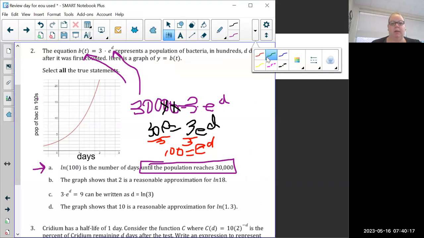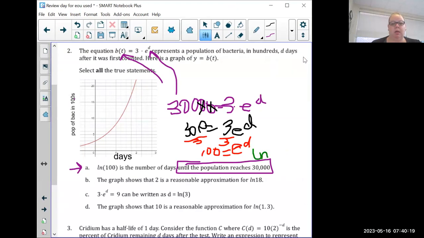So I'm going to write it as ln 100 equals D. And now that's where they get the ln 100. So yes, when we plug in 300, meaning 30,000, it's going to take ln 100 days. So that is true. That's the hardest one. If you understand that one, the rest of them are much easier.